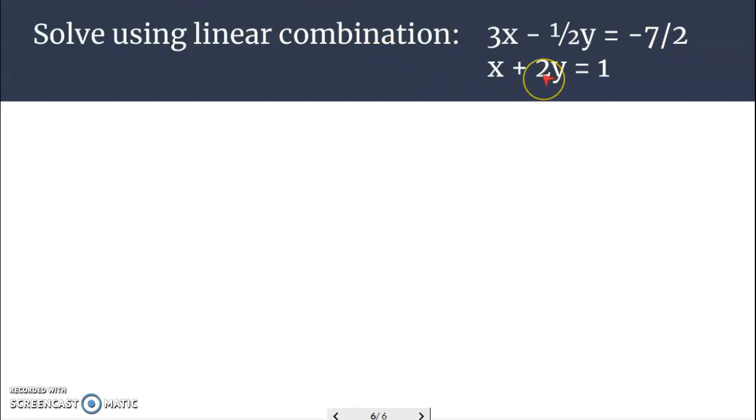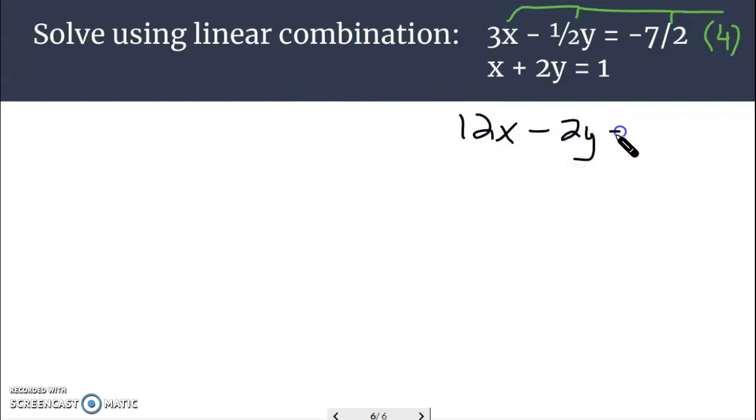So I have a positive 2y. I want negative 1 half y to turn into a negative 2y. And I can do that by multiplying everything by a 4. So watch what happens. Rewriting the first equation, everything times 4, we get a 12x, negative 2y, and a negative 14.